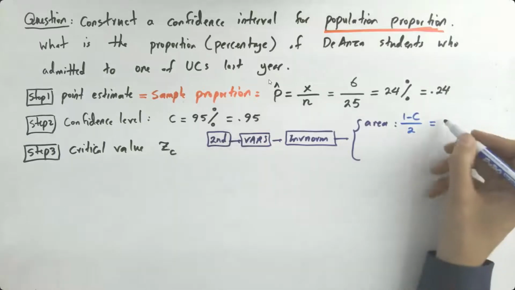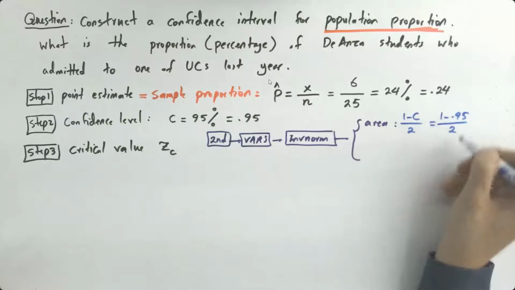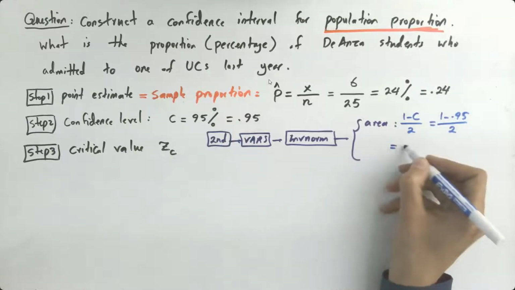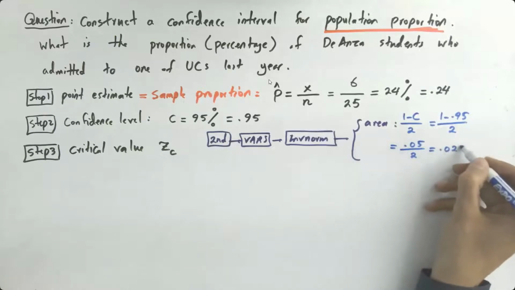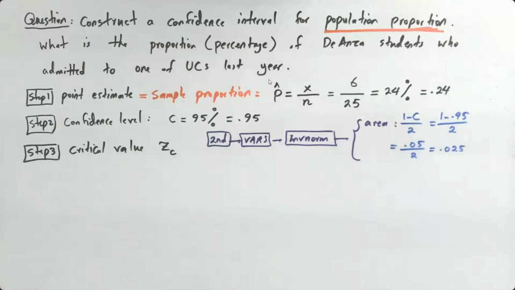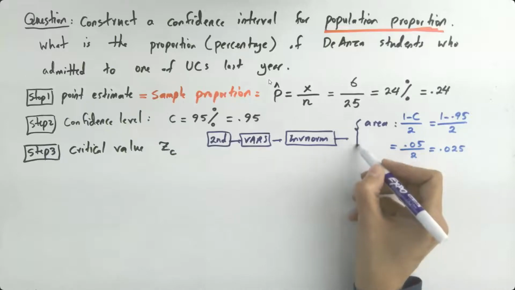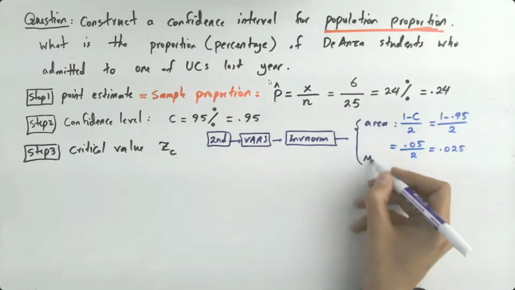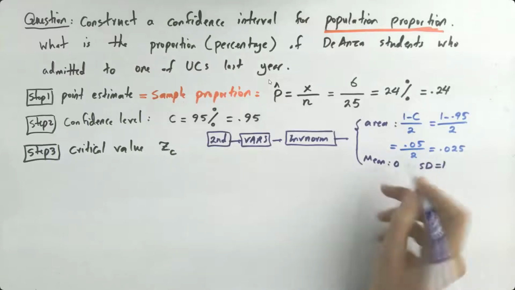C is 95%, so I get 1 minus 95% divided by 2. It's 5% divided by 2, or 0.025. This is the area that I'm going to use. What about the mean? When it comes to Z, mean is 0, and the standard deviation is 1.